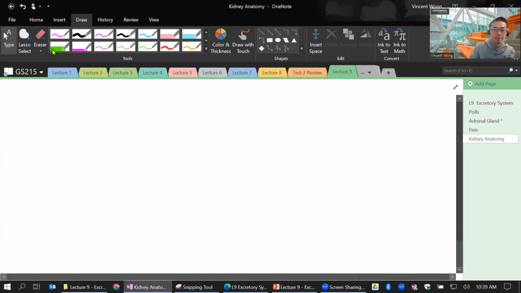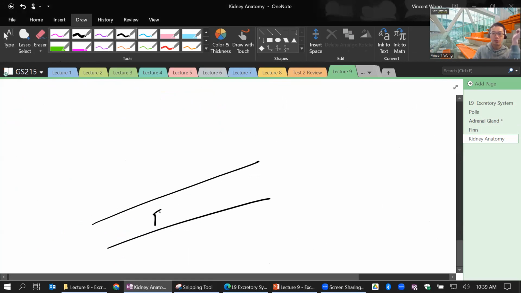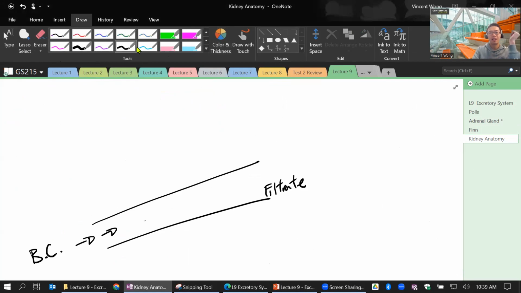Remember the conveyor belt analogy? Okay, so let's just do that one more time. This is the filtrate, freshly from the glomerulus, from the Bowman's capsule. So it has a lot of good stuff, a lot of goodies.